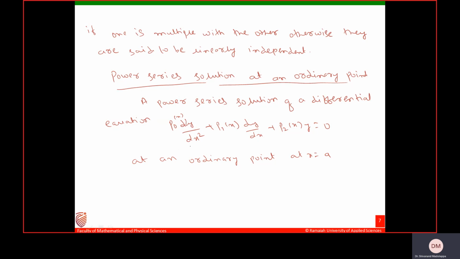For this equation, P naught of x d2y by dx square plus P1 of x dy by dx plus P2 of x y is equal to 0, at an ordinary point x is equal to a, the solution can be obtained using the following steps.